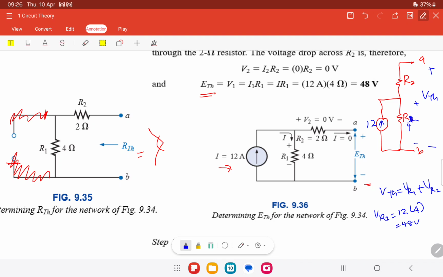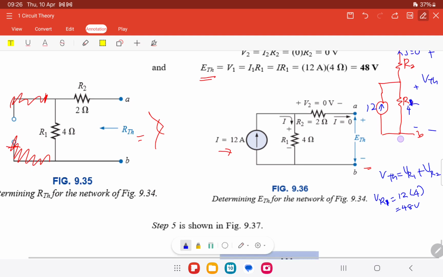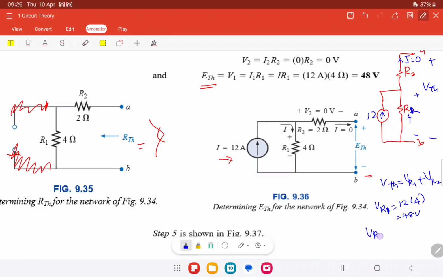Okay, so VR2 pula berapa? VR2 is 0. Why? Because it's open circuit. I equals to 0. Okay, so VR2 equals to IR, tapi I is 0 darab dengan, tak kisahlah R dia berapa, so equals to 0.